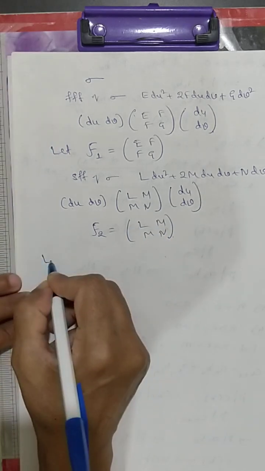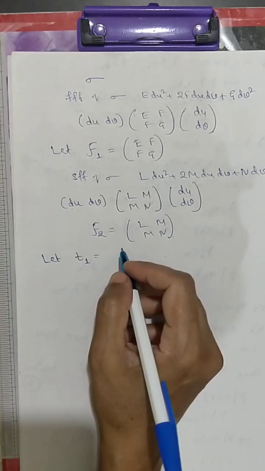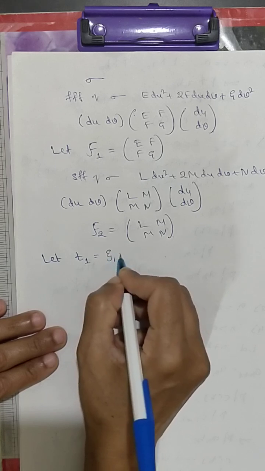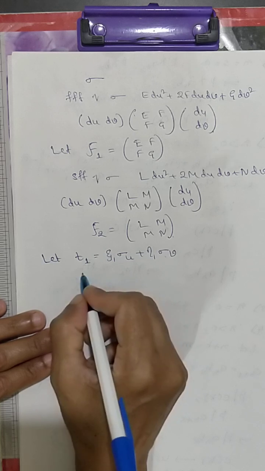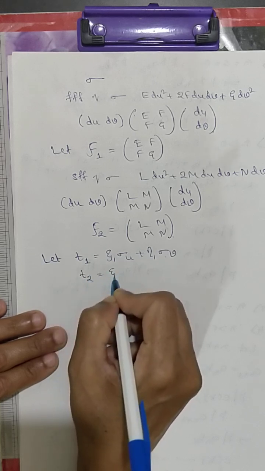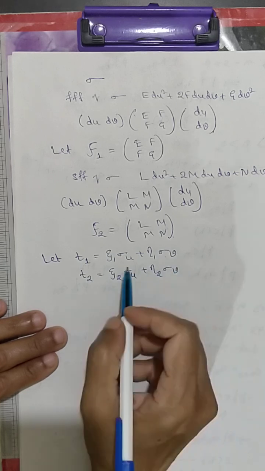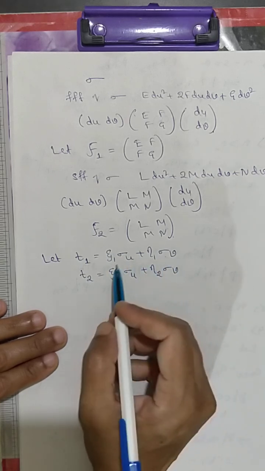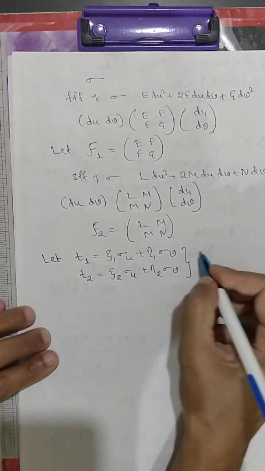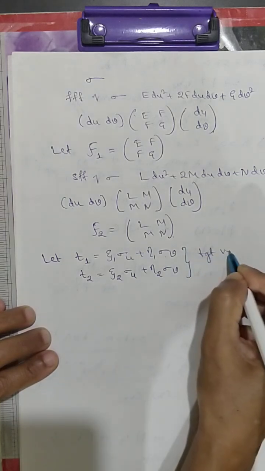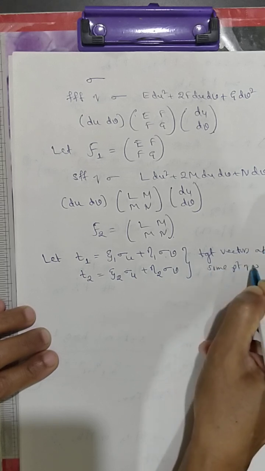Now let me consider two vectors. T1 equal to xi1 sigma u plus eta1 sigma v. T2 is equal to xi2 sigma u plus eta2 sigma v. Linear combinations of these tangent vectors. So T1 and T2 are tangent vectors at some point of sigma.